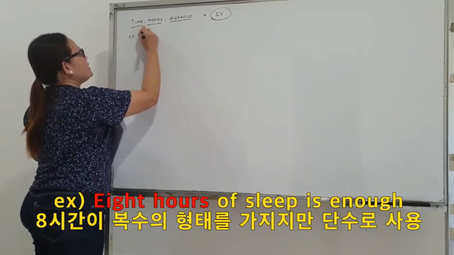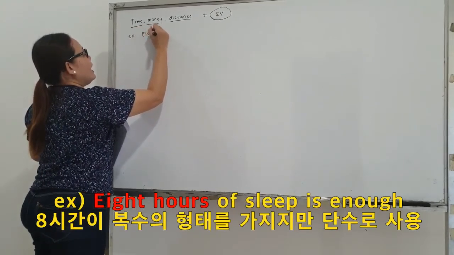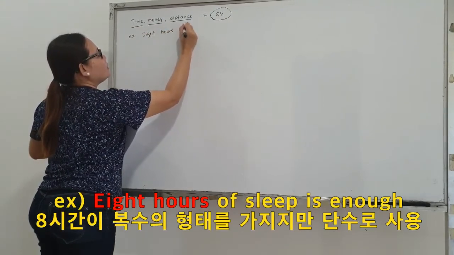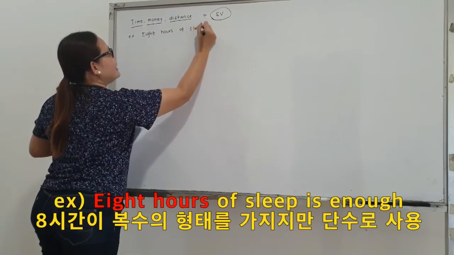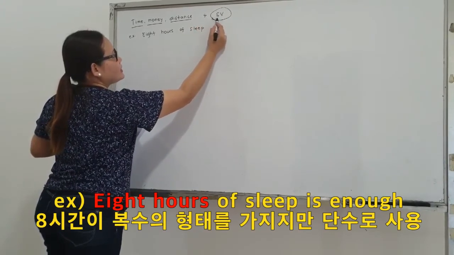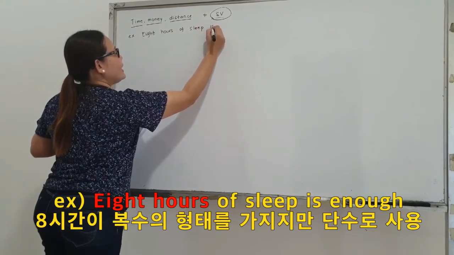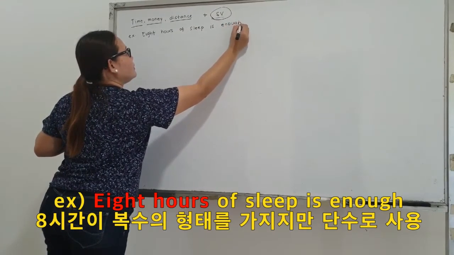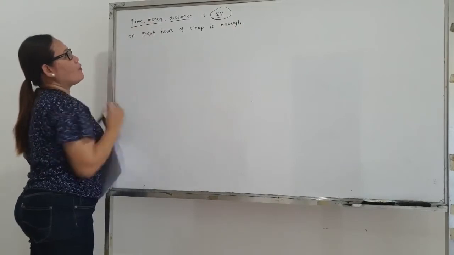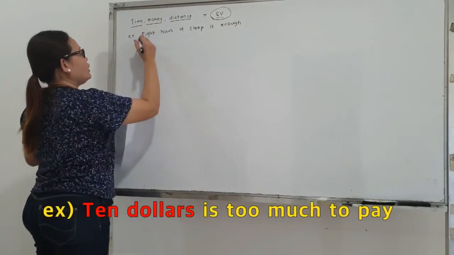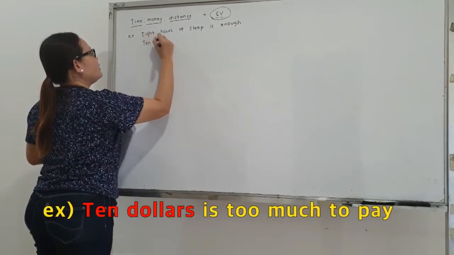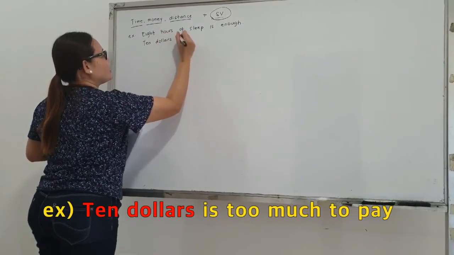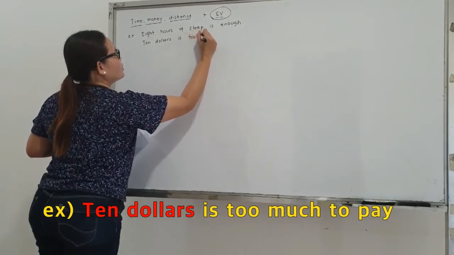For example, eight hours of sleep is enough. As long as I said singular verb, it should be is. How about for the expression of money? We can use: ten dollars is too much to pay.